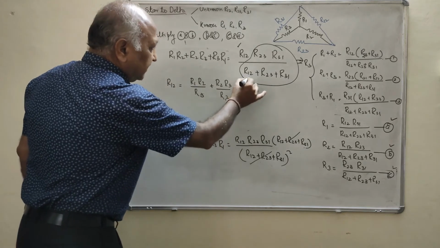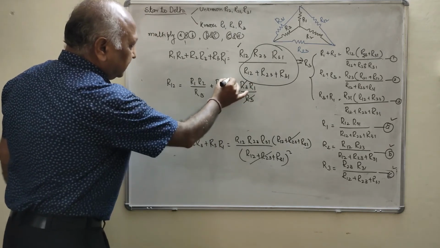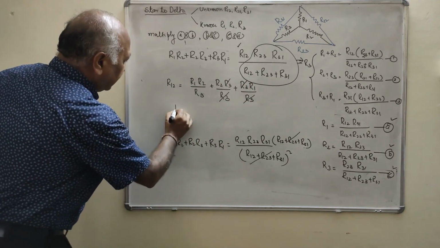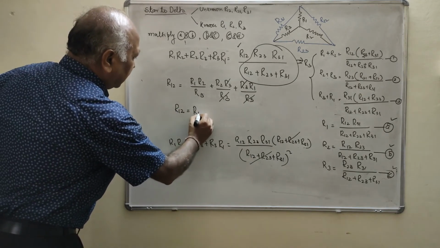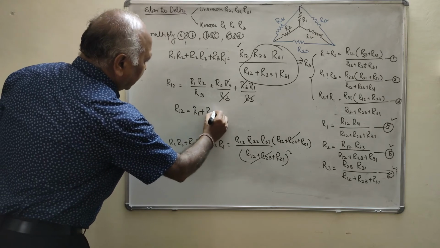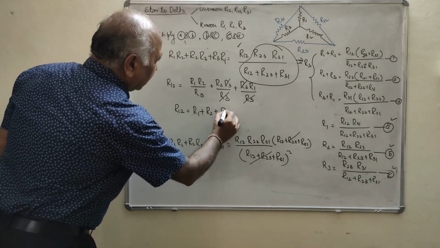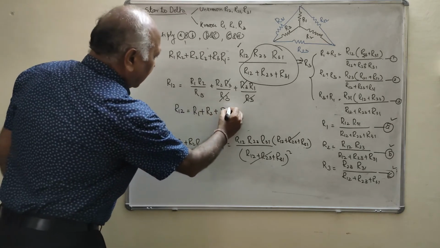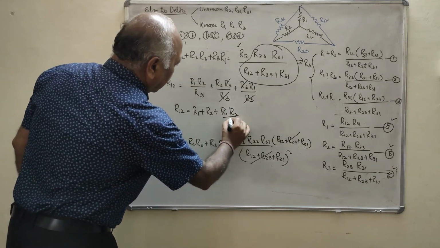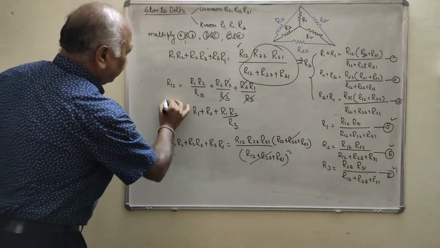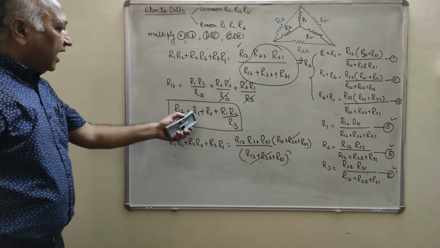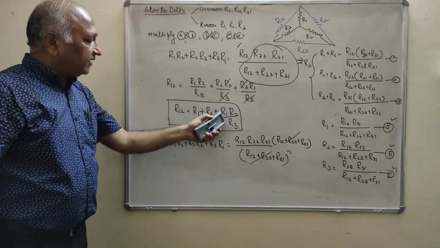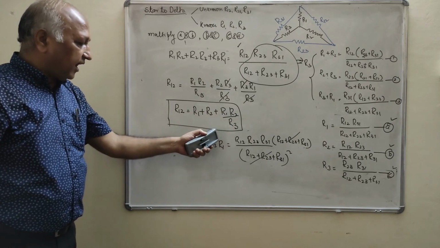This R3 cancels out. Then finally we can write R12 is equal to R1 plus R2 plus R1R2 upon R3. This is the value of R12.